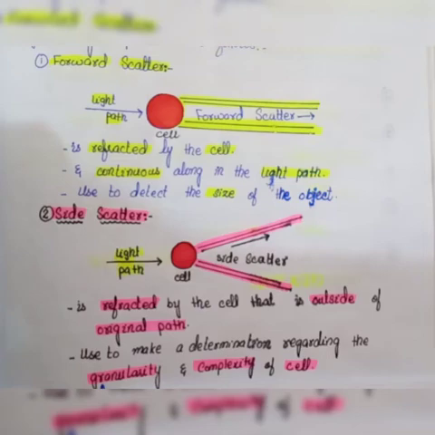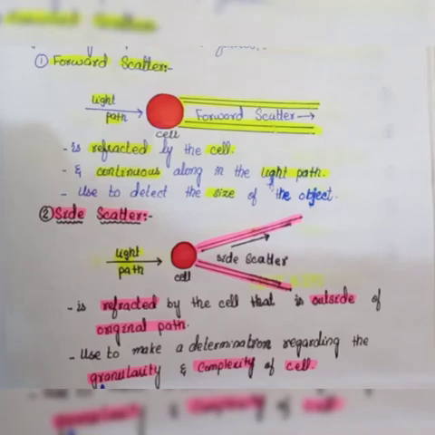After that, the light is detected by the detector. Then the detector receives this information and transfers it to the system. Then the system will show this information in the form of a graph.